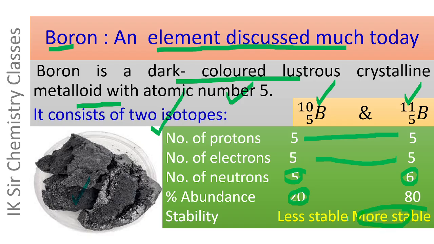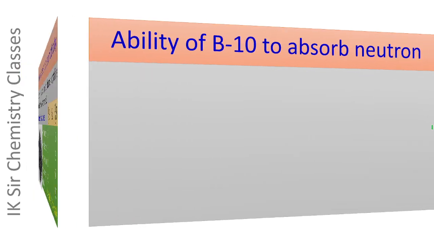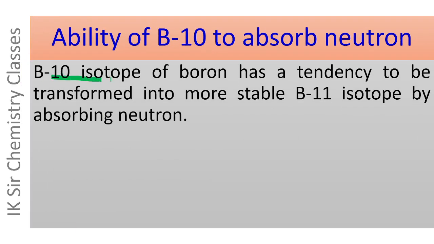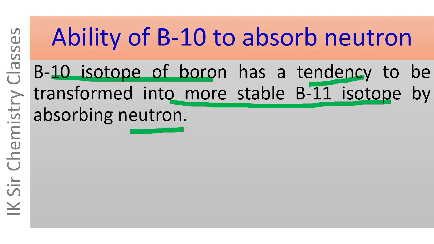Natural boron consists of two isotopes, B10 and B11. B10 is less stable while B11 is more stable, and therefore the B10 isotope of boron has a tendency to be transformed into the more stable B11 isotope by absorbing a neutron.